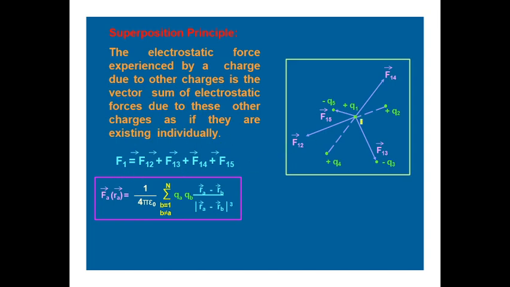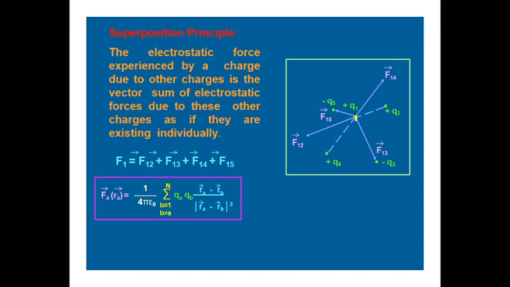The force on charge Q1 due to the presence of the other charges: we have to calculate the force exerted on Q1 due to the presence of Q2, Q3, Q4 and Q5. So the force experienced by the charge is the vector sum of the forces due to the individual charges.